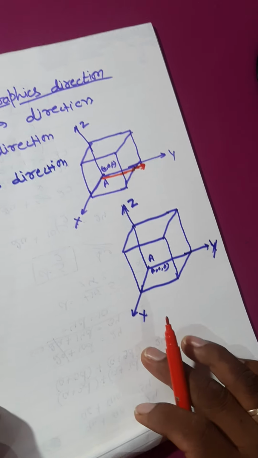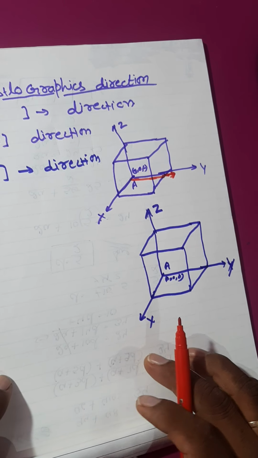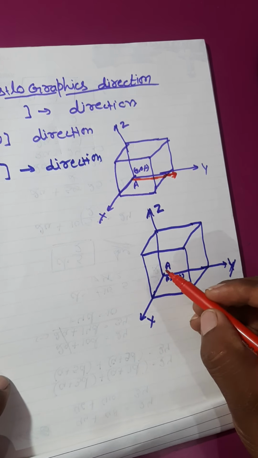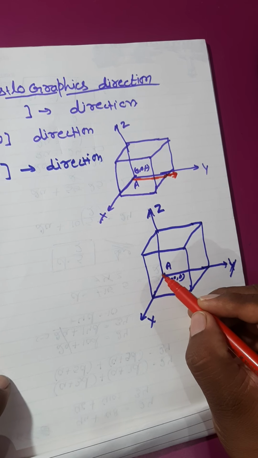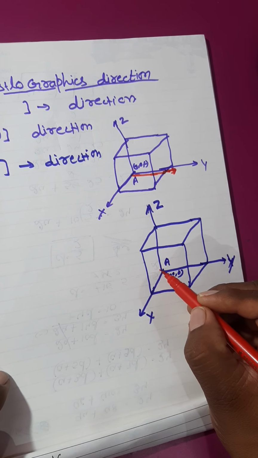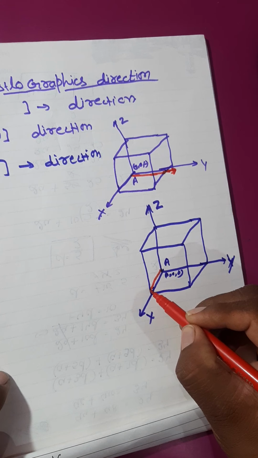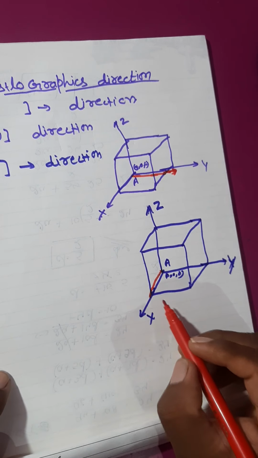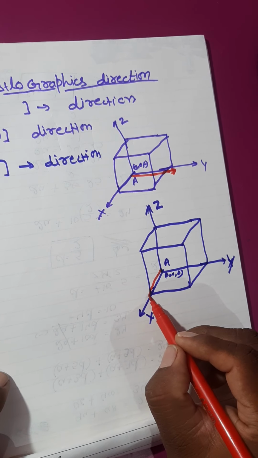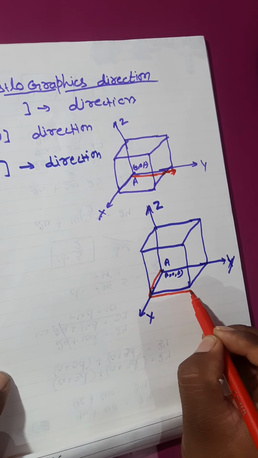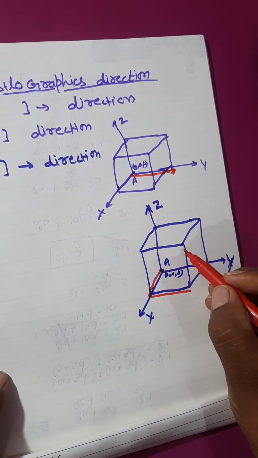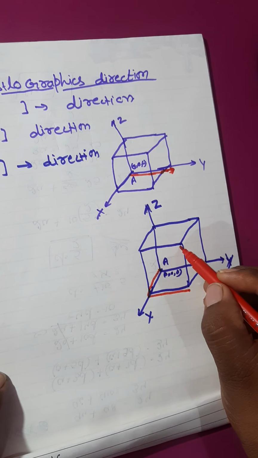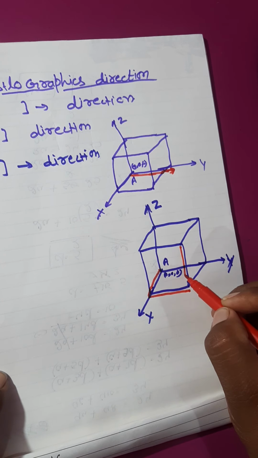As all the directions are given 1, 1, 1, from the origin, first we move towards the x direction, then continue toward the positive y direction and again continue toward the positive z direction.